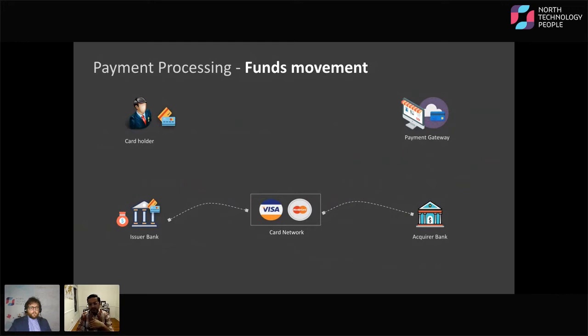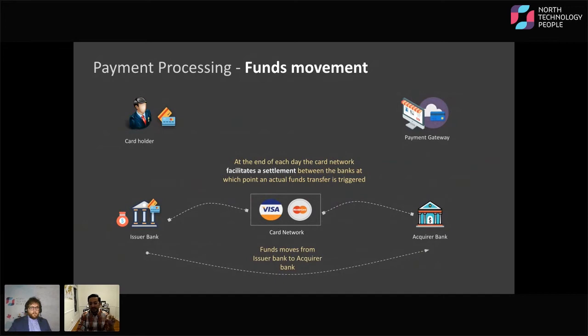Every day, the card network, which has done this bookkeeping about who should get how much, like these credit transactions and debit transactions, facilitates the settlement between the banks at the end of each day. After they do the settlement, they figure out who should pay how much to which bank, and only then is a funds move issued.